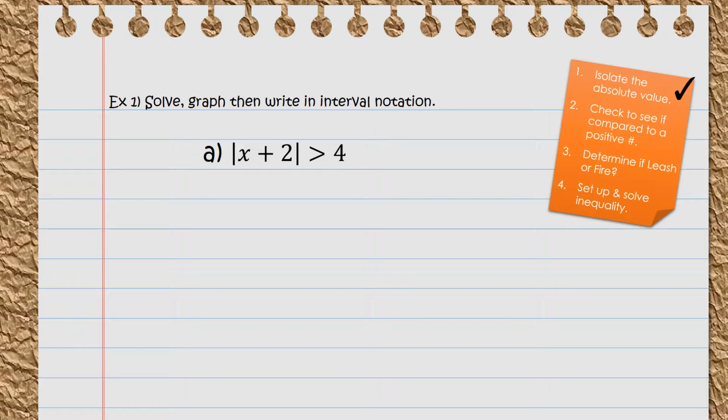Next, we want to check to see if it's compared to a positive value. 4 appears to be positive, so we're good. Now we need to determine if this is a leash or fire. So look at the inequality symbol right now. And notice greater means great or, which means it's the fire scenario.